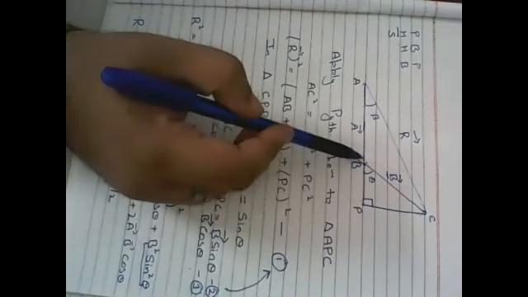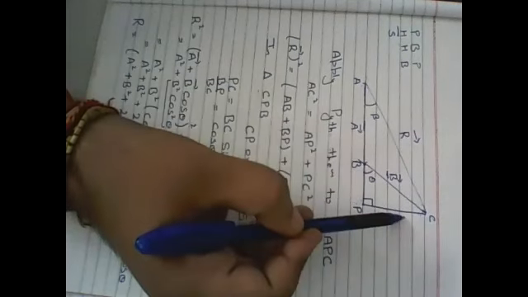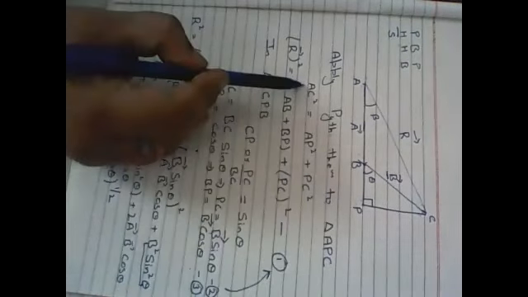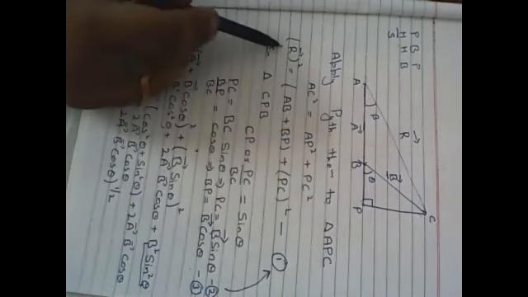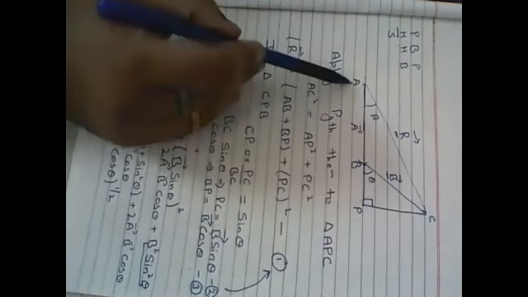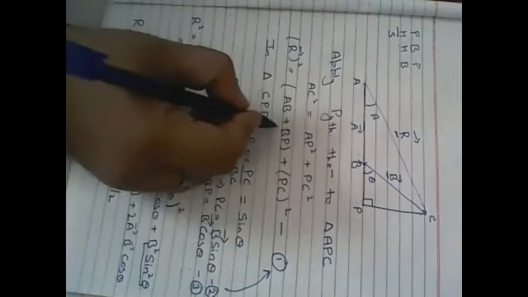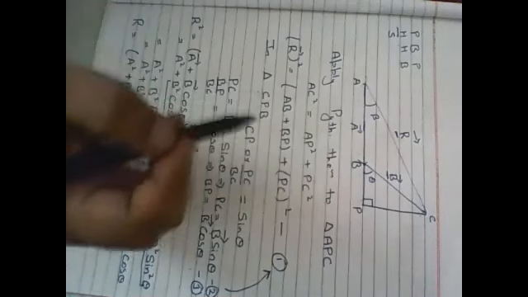As per Pythagoras theorem, hypotenuse square is equal to sum of base square and perpendicular square. So AC square is AP square plus PC square. AC is our resultant vector. AP is the sum of AB plus BP. Third is PC, that is perpendicular.